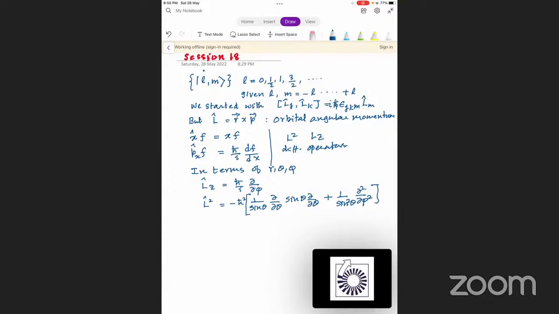So if you ask a question, common eigenfunctions of L square and Lz, I'm calling it Lz here, but this is same as L3 that we called earlier. So they are basically spherical harmonics, that is Y_L^m(theta, phi).